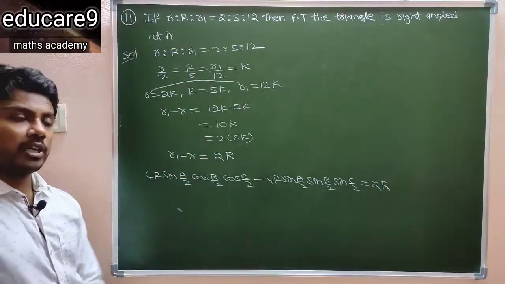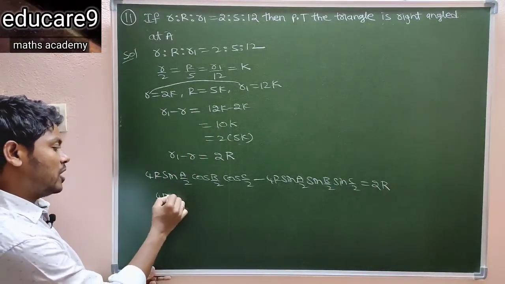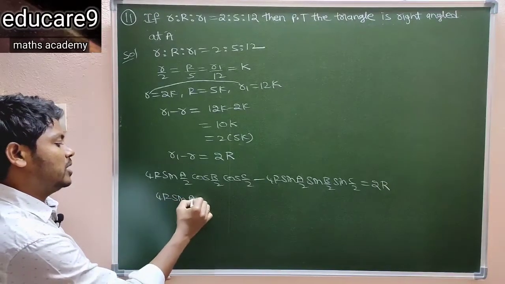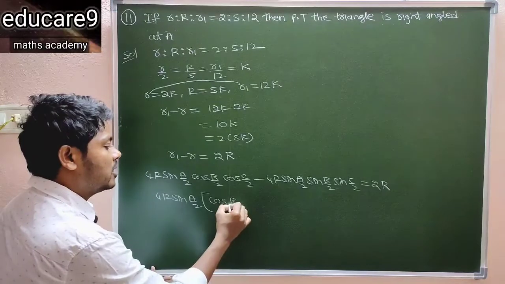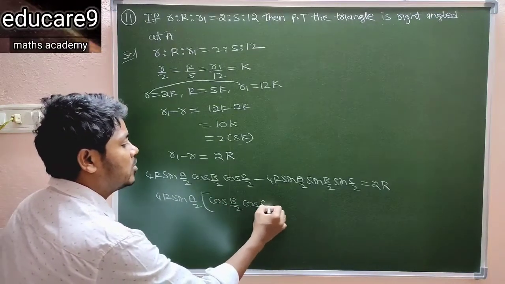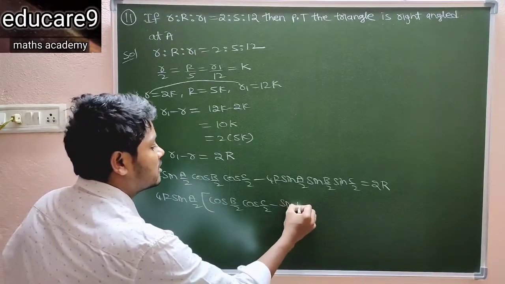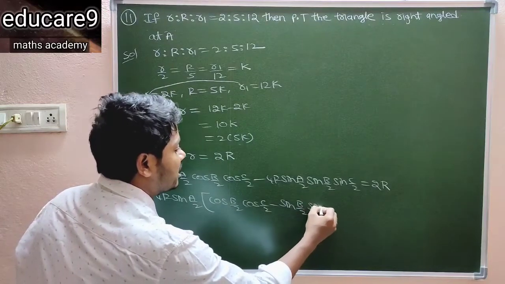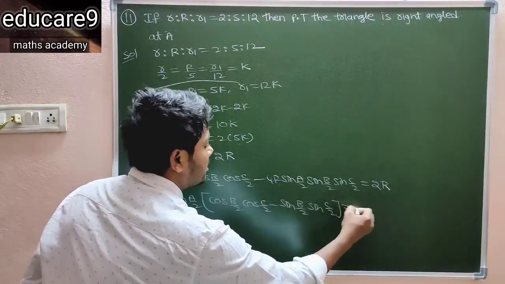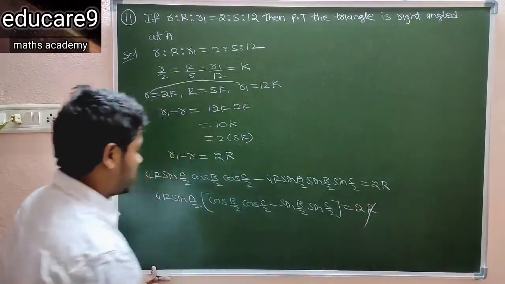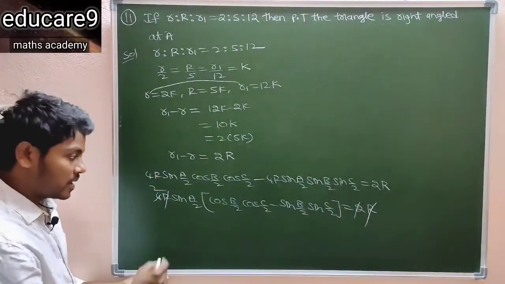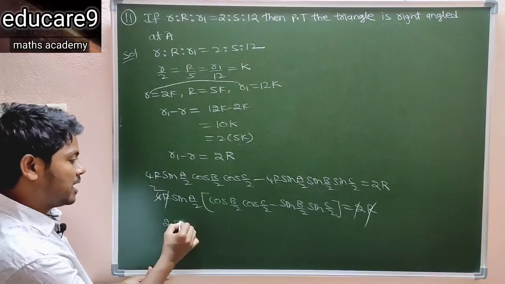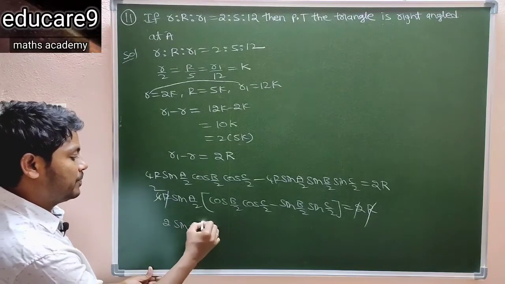Here in both terms 4r sin A by 2 is common. So what you get? Remaining terms, cos B by 2 cos C by 2 minus sin B by 2 sin C by 2 is equals to 2r. So 1r gets cancelled, 2 2 is 2 1. So this is 2 sin A by 2.